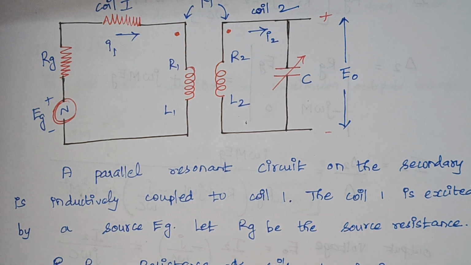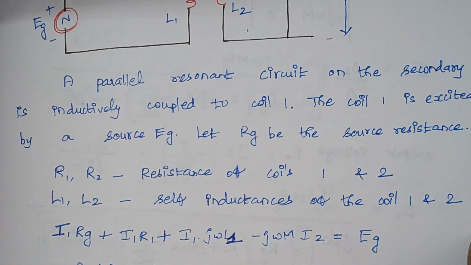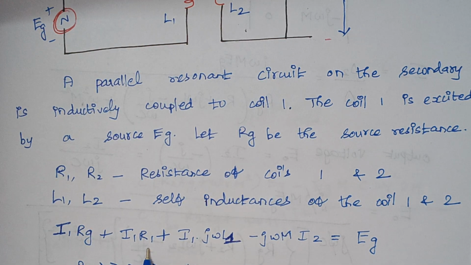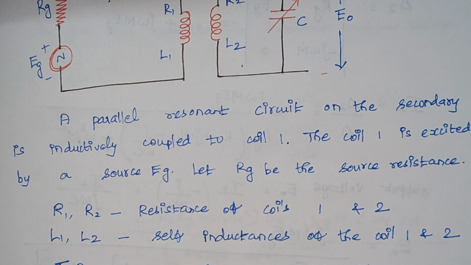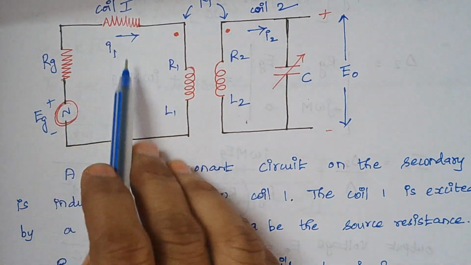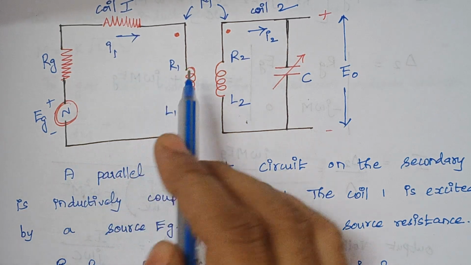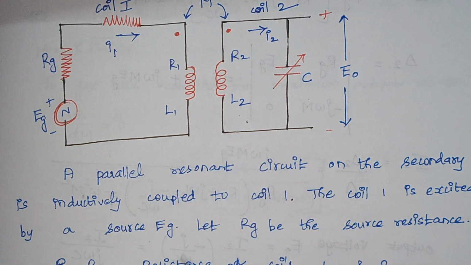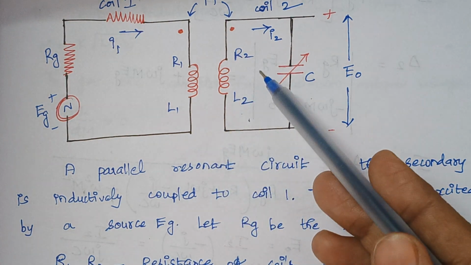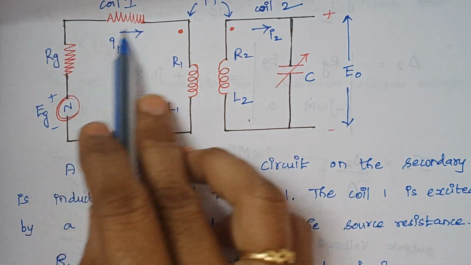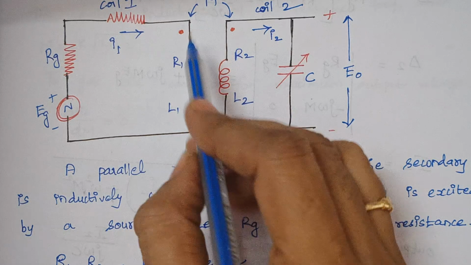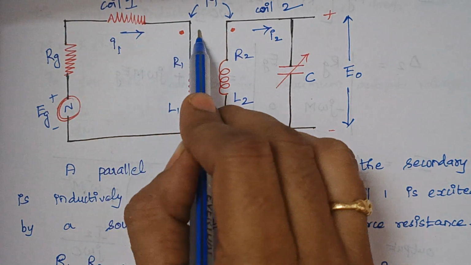So while writing the expression, this is I1 RG plus I1 R1 plus I1 into j omega L1. Then you see the way the current enters the coil: the current enters the inductor through this dot.